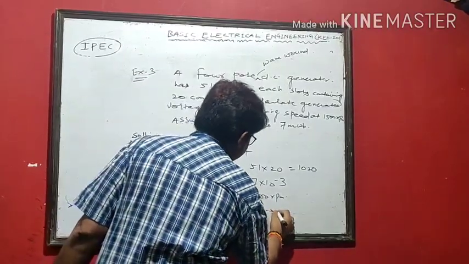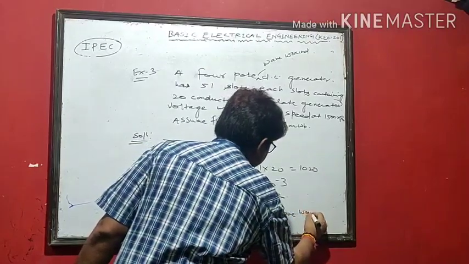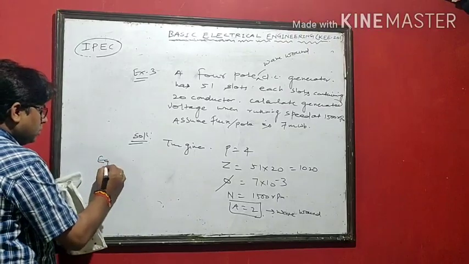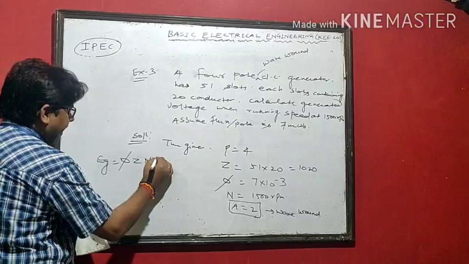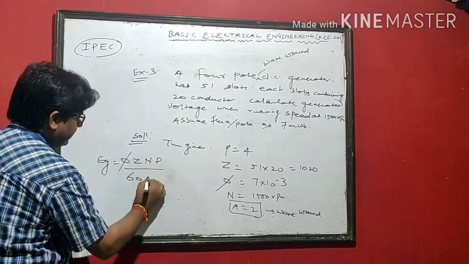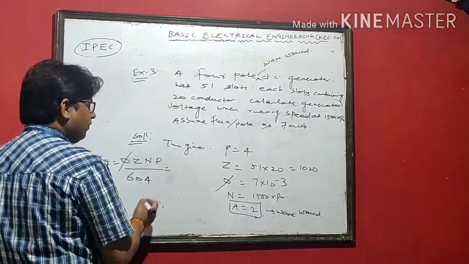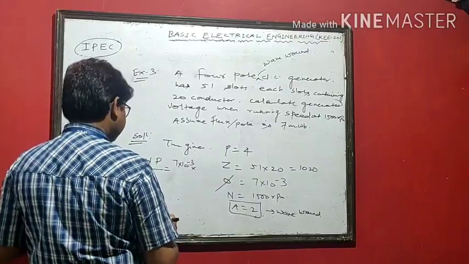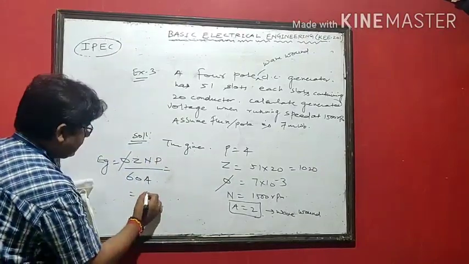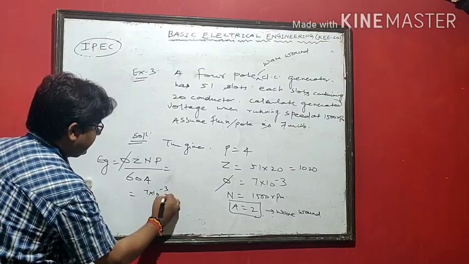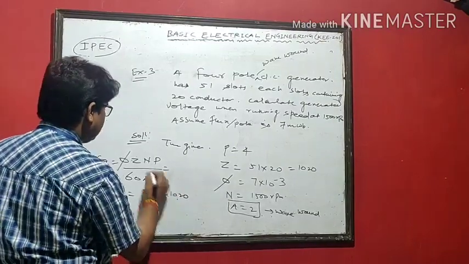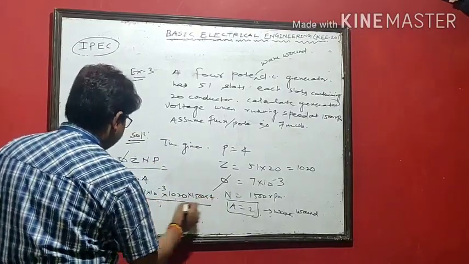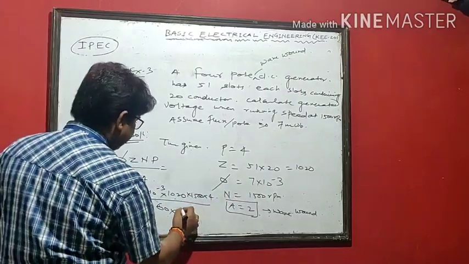We know that Eg equals phi Z N P divided by 60 A. Writing 7 × 10 raised to power minus 3, Z that is 1020, and 1500, P that is 4, and 60 into A that is 2.